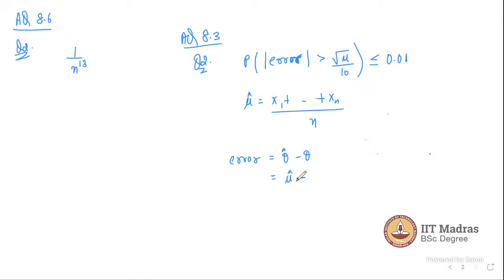All these samples xi are coming from Poisson lambda, mu basically. So you have to use Chebyshev's inequality to find the value of n, right? So what will you do here? This is probability. Okay. So our mu hat is nothing but x bar.